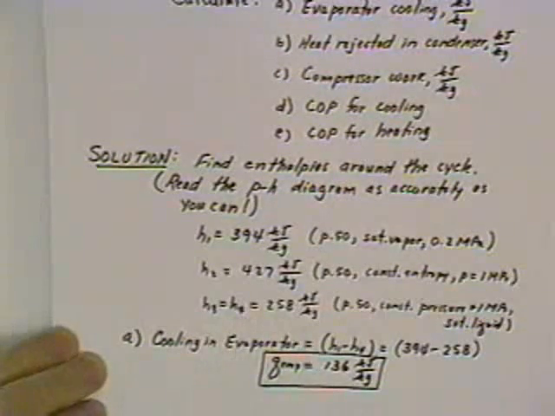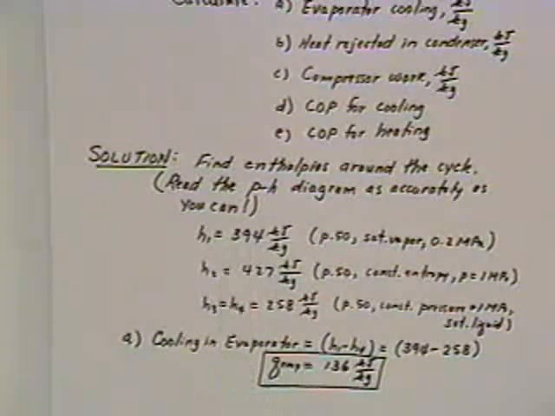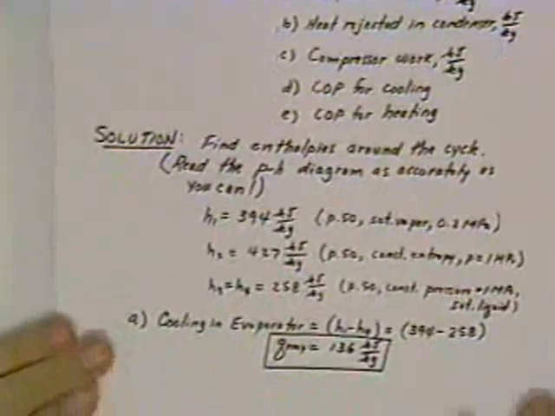So the analysis of a real cycle, even the simple cycle we're talking about here, is fairly straightforward once you get the enthalpies, but getting the enthalpies off of the pH diagrams is kind of a challenge.